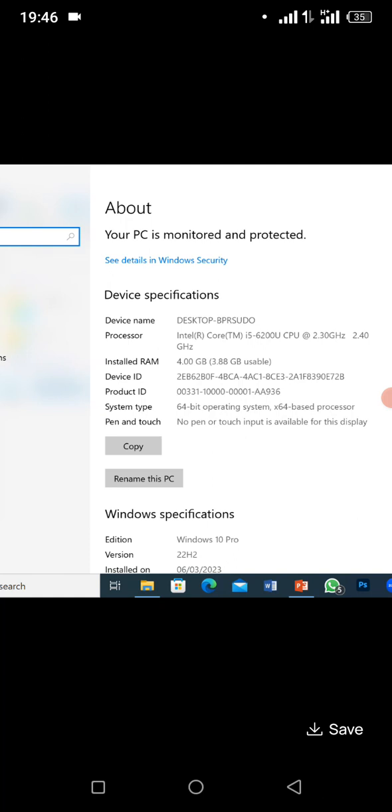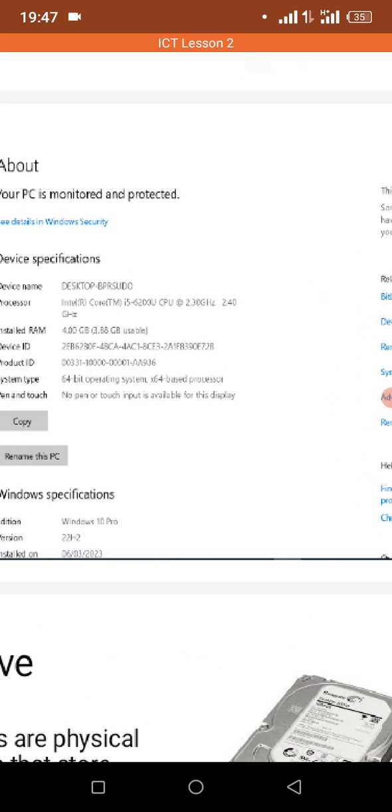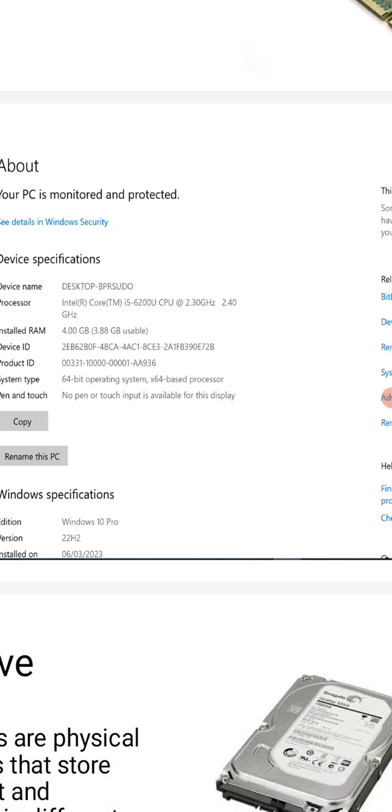But if you are buying a PC, at least buy one that has a processor speed in the range of 1.8 or 2.0 going up. Those with 1.5 going down give a little bit of a challenge as time goes on. At least buy something that starts from 2.0 going up. Mine is 2.3, 2.4.